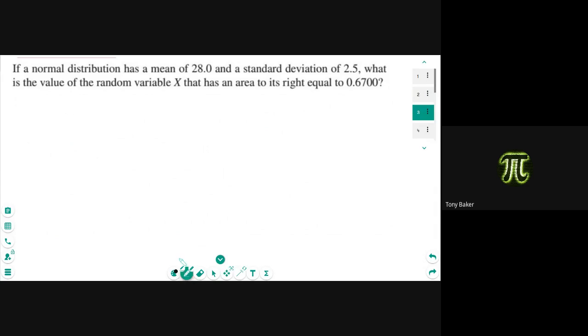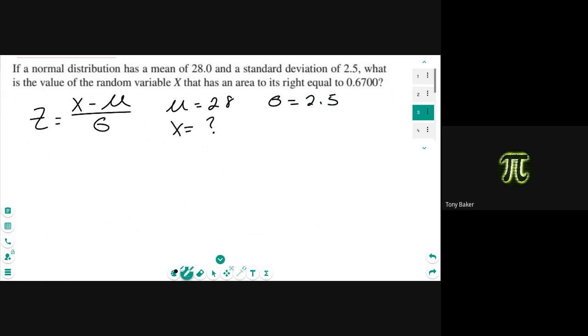Okay. So I'll rewrite the formula. In this problem, we've got our mean of 28 and our standard deviation of 2.5. And we're looking for the X. But it says that the area to its right is 0.6700.